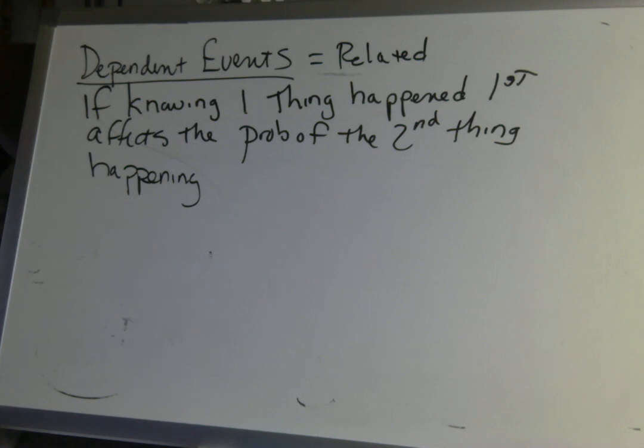Two events are dependent if knowing one thing happened first affects the probability of the second thing happening.